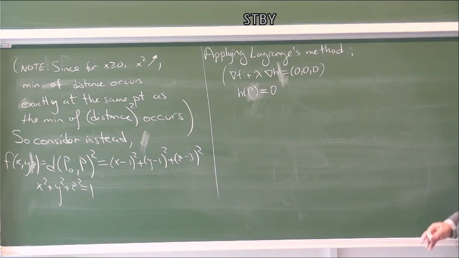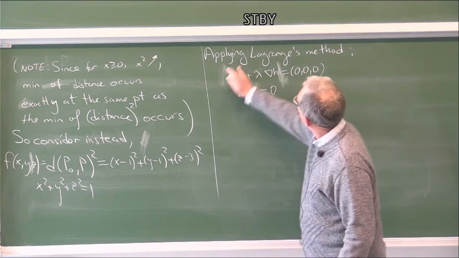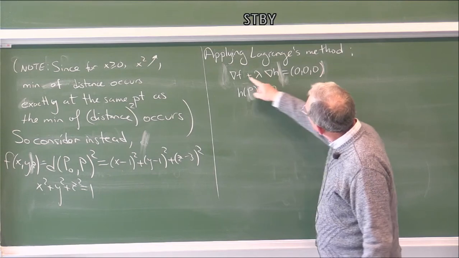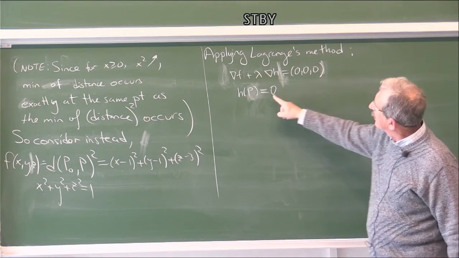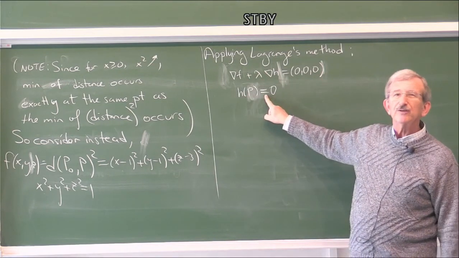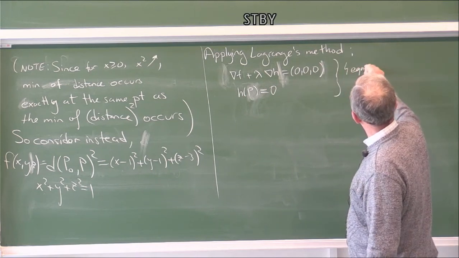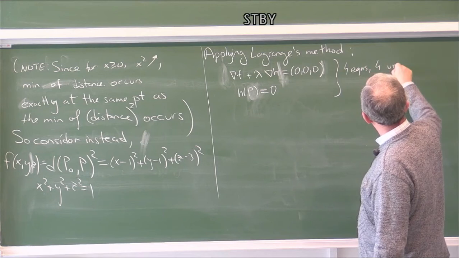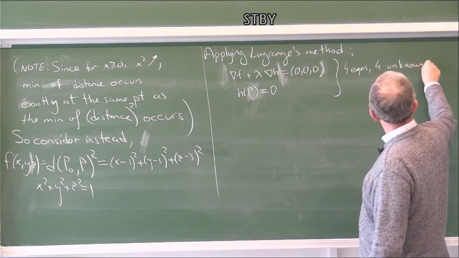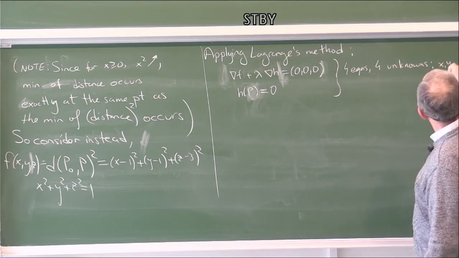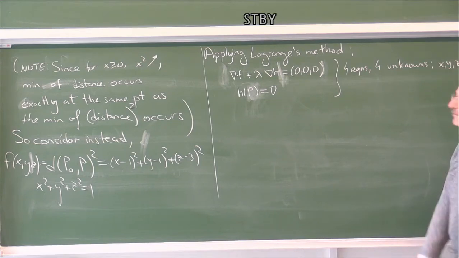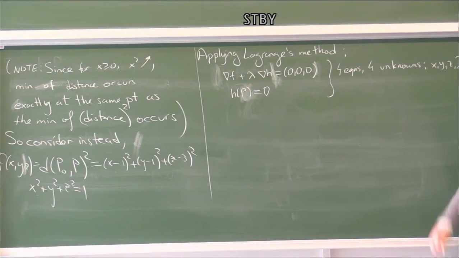So what do we have? We have actually 3 equations coming from here and another from here. So it's 4 equations and 4 unknowns: x, y, z, and lambda. So this is a Lagrange problem.